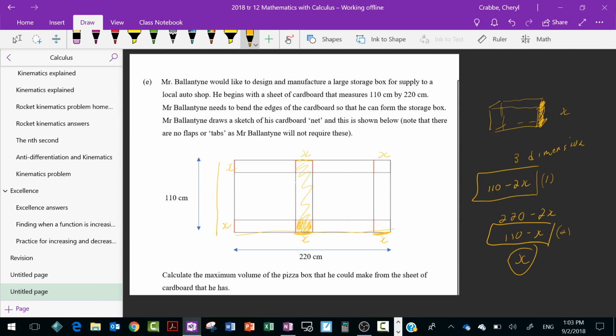If you can't come up with the dimensions of this box being basically 110 minus the 2x, 110 minus x, and x, length times width times the height.